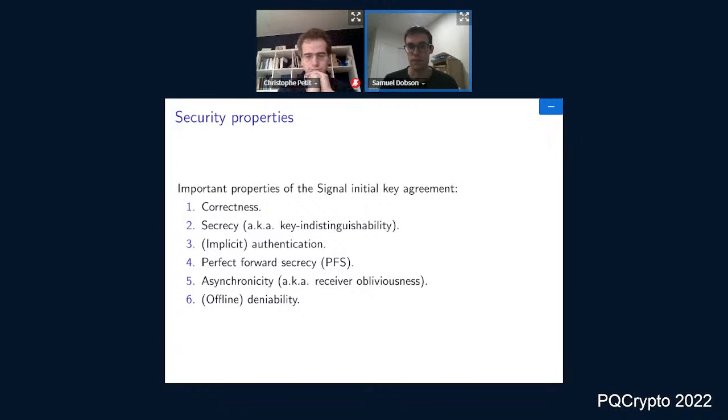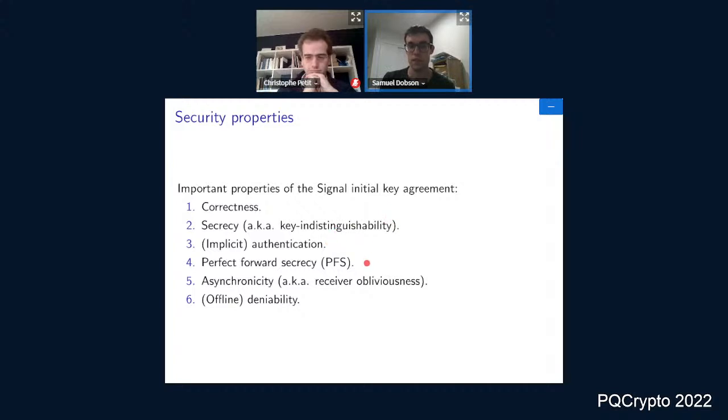So that's part of our paper as well, evaluating some of these different formal analyses of the Signal protocol and putting them all together in this list here of important properties. So we've got correctness, which means both parties have to arrive at the same shared secret key. Obviously that shared secret key should be a secret. The protocol should authenticate both parties.